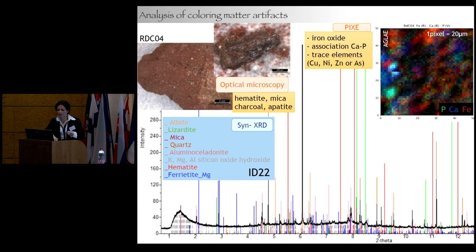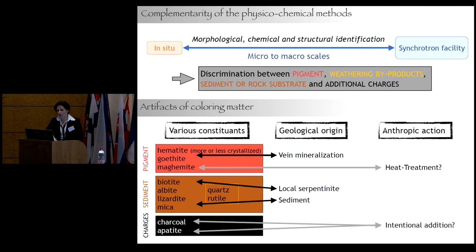And we really have the importance of crossing over at different scales and with different techniques to be able to reconstruct the mixture of this sample, because the charcoal is not observed by micro-XRD and not by chemical observation. So I really want to focus on the complementarity of the in situ and laboratory techniques and synchrotron facility.